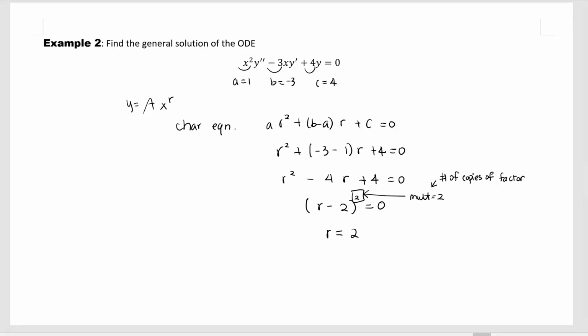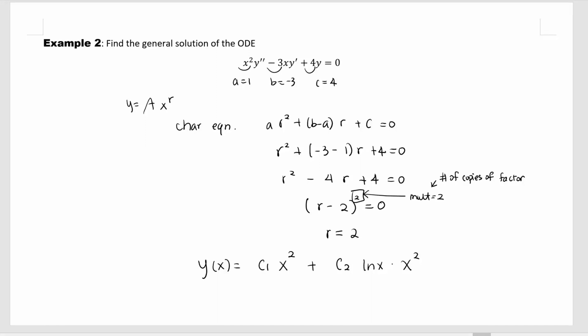Okay, so r equals 2. Then what is the solution? The formula for it is C1 x to the root plus C2 times ln of x times x to the 2. So far, so good, everybody?